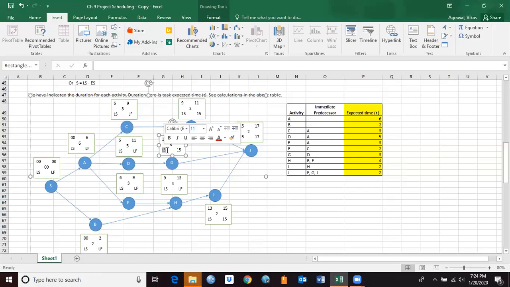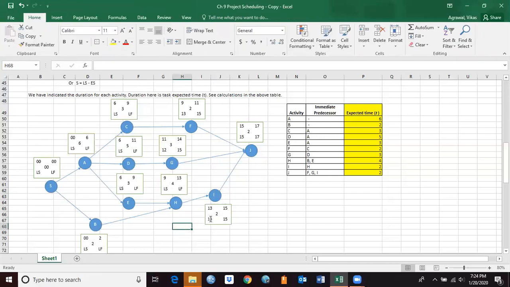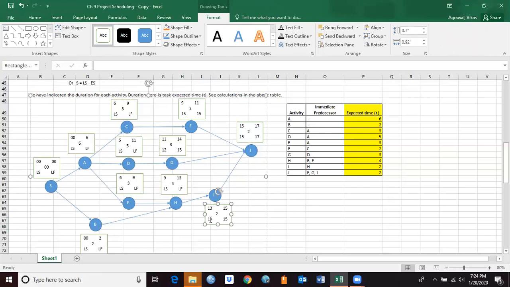15 minus 3 is 12. Okay, and 15 minus 2 is 13 here. Okay, so if this is starting on 13th, I can finish activity H by 13th, and the latest start time for activity H is going to be 13 minus 4, that's 9, right?